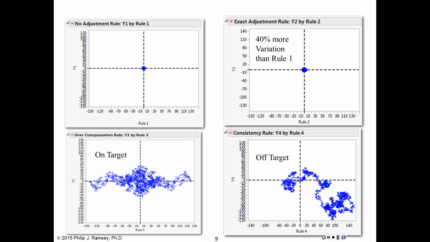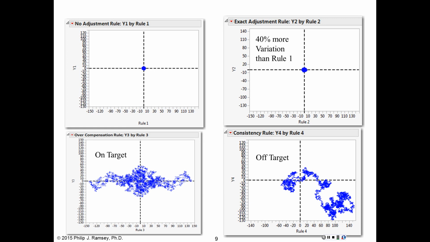Notice these two strategies, though, on average, I do hit the funnel, except the second one, on average, I'm farther from the funnel. And then let's go down to overcompensation. And notice, in fact, if you do simulations, these tend to take on rather fascinating visual patterns, almost like a Rorschach test.